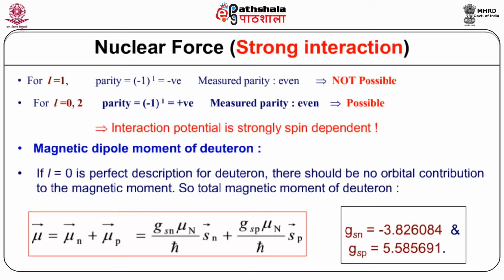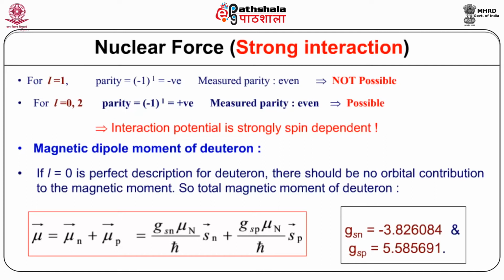Measured parity is even, so possible. Because the experimental parity for the neutron is found to be positive, L = 1 is not possible and L = 0, 2 are possible. So the interaction potential is strongly spin dependent.